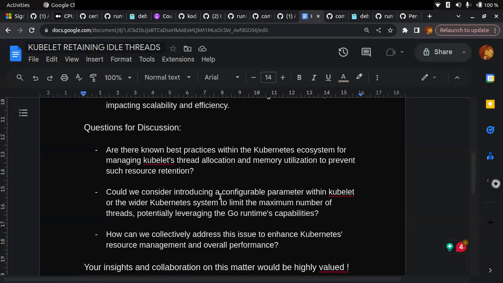The kubelet uses the Go runtime for the thread allocation. So I'm eager to know if there is already a system for manipulating this thread allocation.